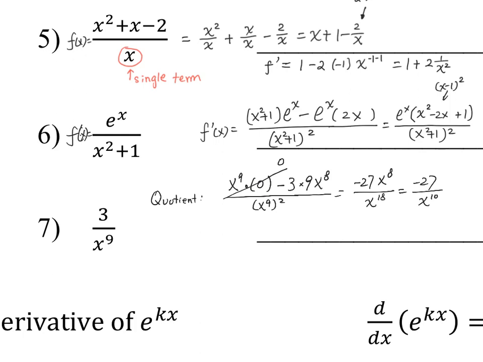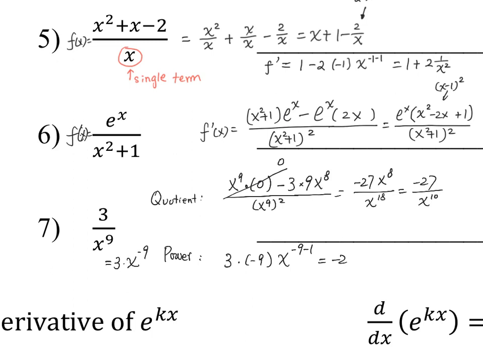So this is using quotient rule. Certainly, you can rewrite this as 3 times x to the negative 9. And then you use your power rule instead of quotient rule, right? So it will be 3 times negative 9, move the power to the front, and then subtract 1 from the power.